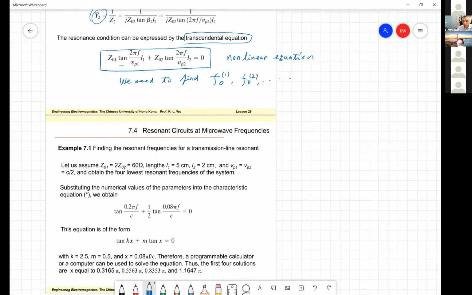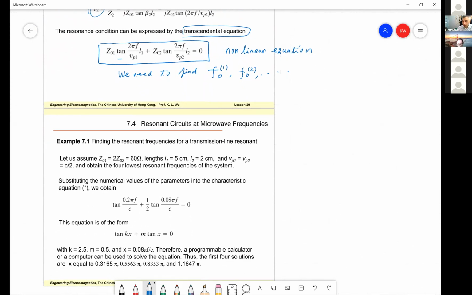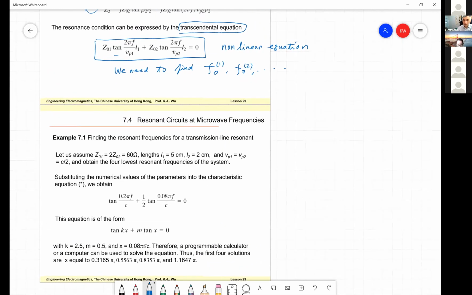Let's find out, with a simple example. We assume the characteristic impedance of one transmission line is 60 ohm, and the other is half of it, 30 ohm. Then we have a specific physical length for each, and assume the phase velocity is the same, half of the wave speed.